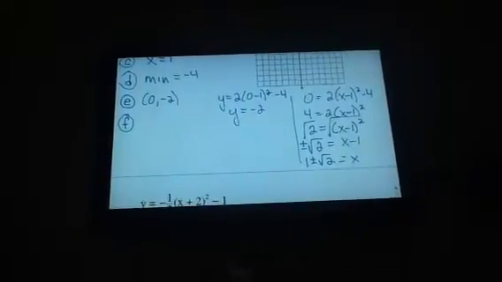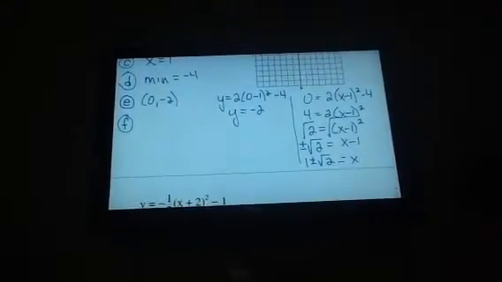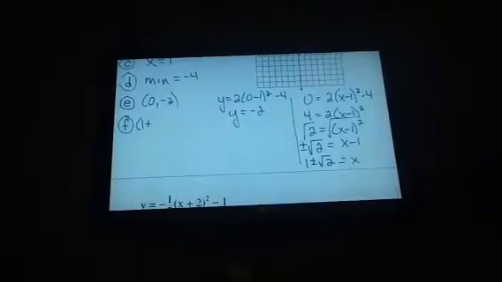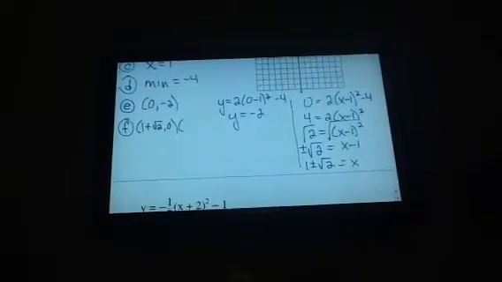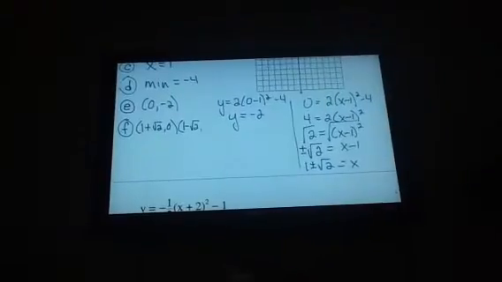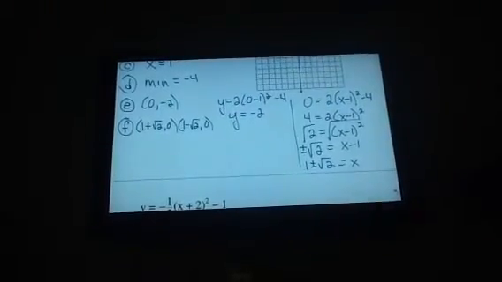So my x-intercepts are 1 plus the square root of 2, 0, and 1 minus the square root of 2, 0. So here I'm getting 2 of them.